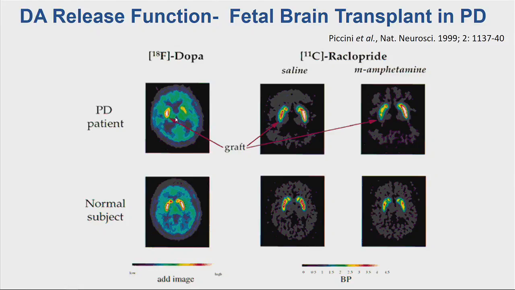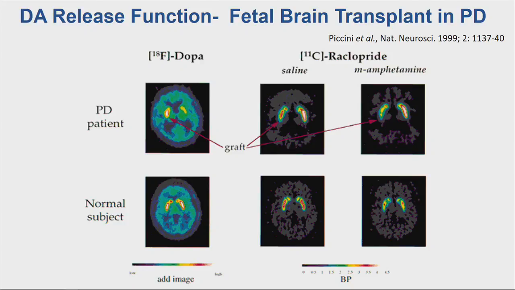And in this setting, if you do a raclopride scan, you find that perhaps there's a little asymmetry here in the striatum, and that's probably because on the ungrafted side, the dopamine levels are low, and so there are more receptors available, so you see asymmetrically increased binding.